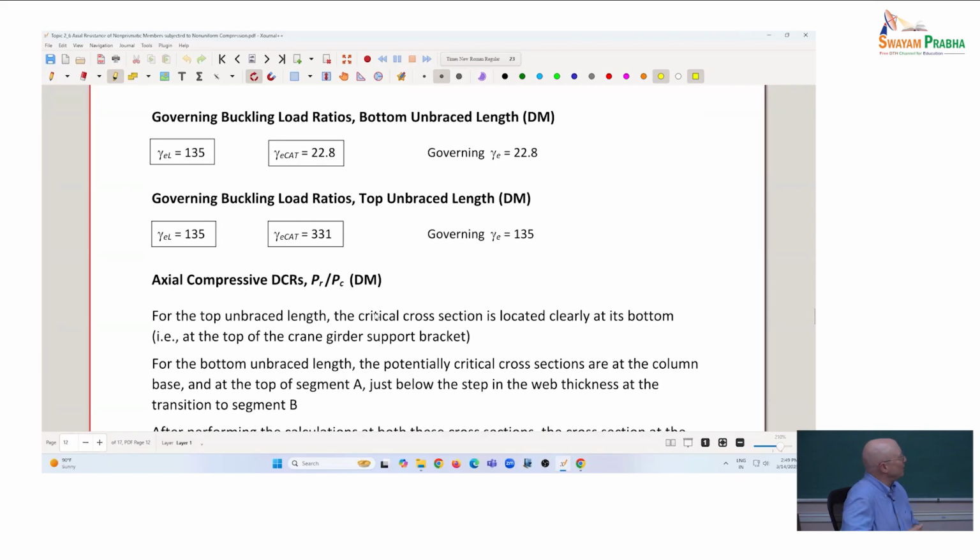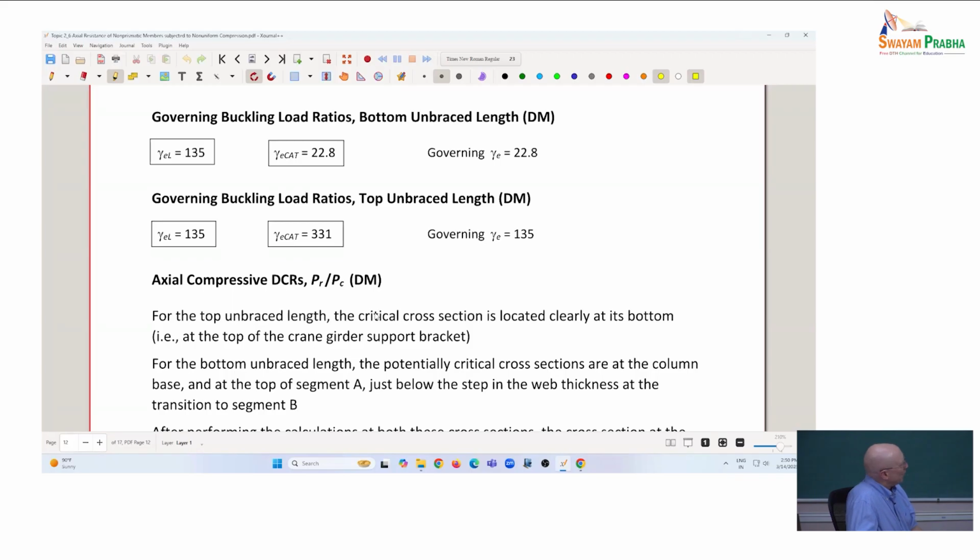So now we need to determine what's the critical cross section that we should check. Where should we go to and say, okay, let's look at the force level, the effective area at that cross section, and then work the calculation from the standard provisions for the prismatic members to get a strength.